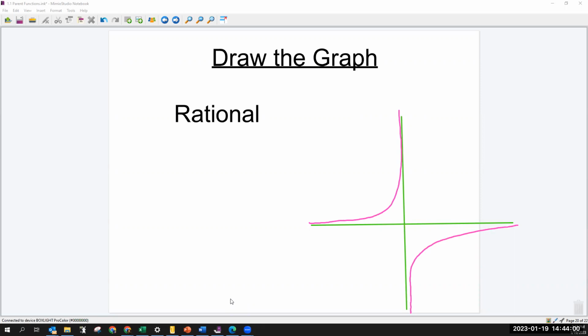Something kind of like, oh, sorry, nope. I did that backwards, didn't I? There we go. So on this quadrant and this quadrant. There we go. That's correct.